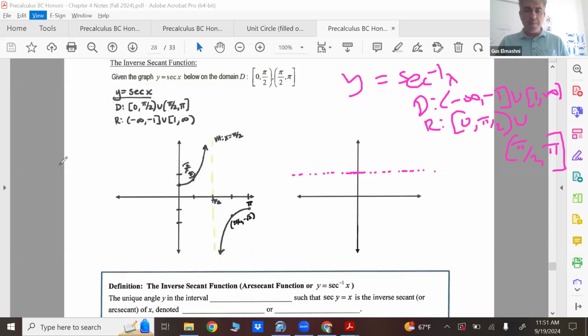I'm just trying to, my eyes are not the best sometimes, so I'll do a little table. Negative root 2, 3 pi over 4. And negative 1, pi. And then 1 and 0.